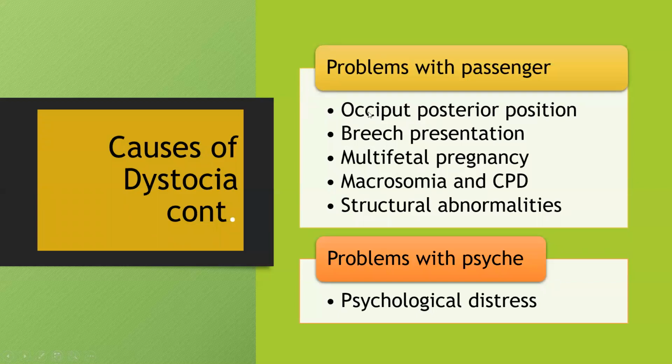Our OP babies, breech presentation, multifetal pregnancy, macrosomia, baby that is large, more than 8 pounds, 8 ounces. CPD, cephalopelvic disproportion, the head is too big to fit through that pelvis. And structural abnormalities, all can cause dystocia. And then psychological stress. A woman that is just fighting every single bit of the labor, maybe is not happy about the pregnancy, has had a history of trauma in her own life. All of those can interfere with labor and delivery.